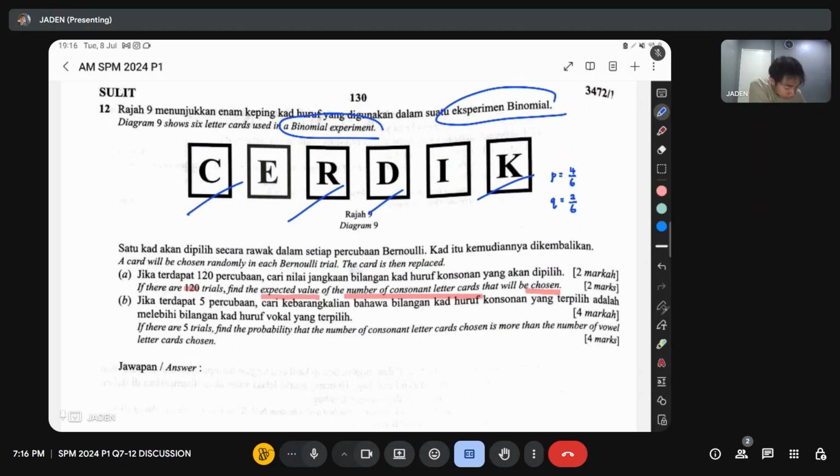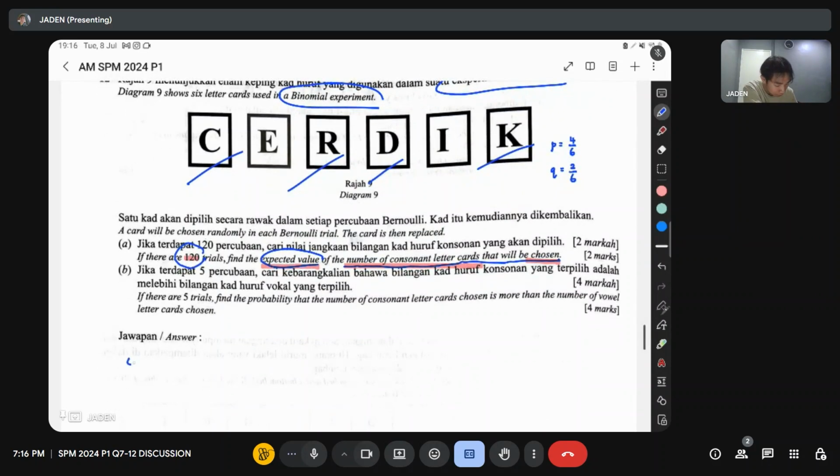So they ask for expected value. You might be confused about what expected value is, but if you focus on the number of consonant letter cards that will be chosen, and you're only given 120 trials, it is most likely you have to find the mean. Because the mean is the value that they give you according to your event.